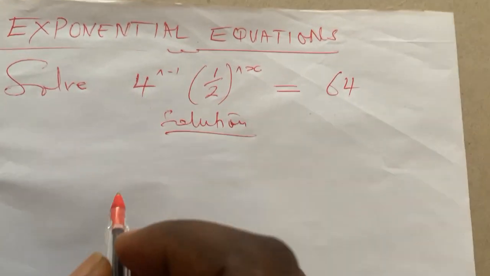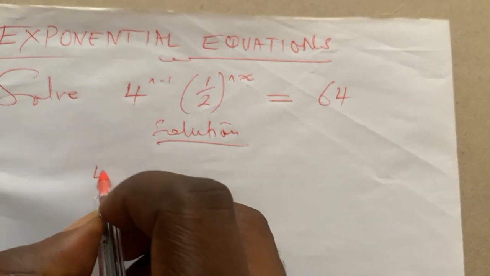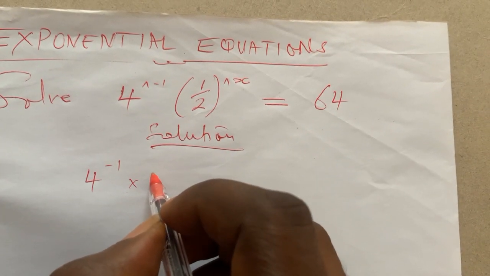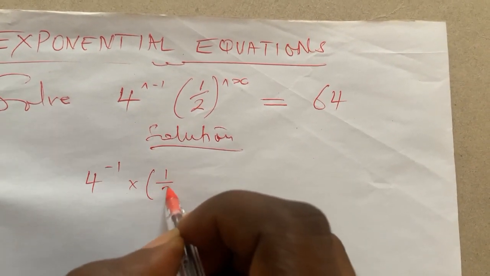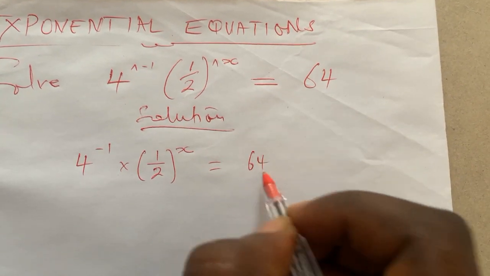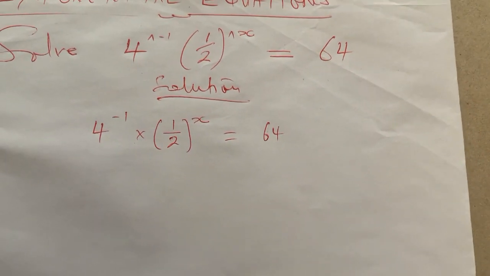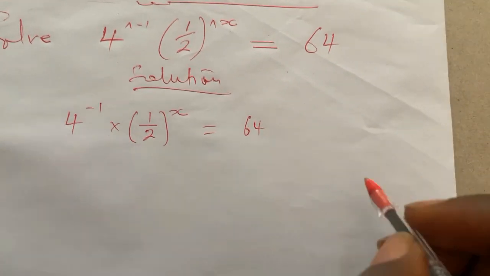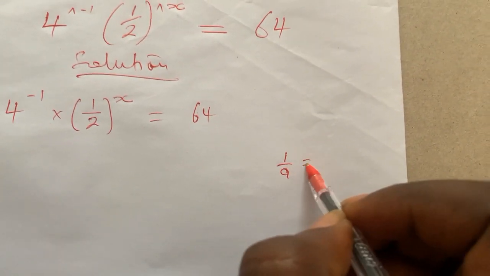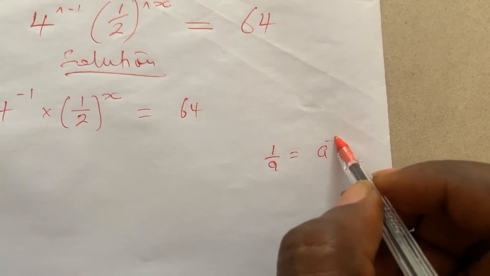So I'm going to write this as 4 raised to the power minus 1 times 1 over 2 raised to the power x equal to 64. Right, but for this half, let us look at something. According to indices, 1 over a is equal to a raised to the power minus 1.